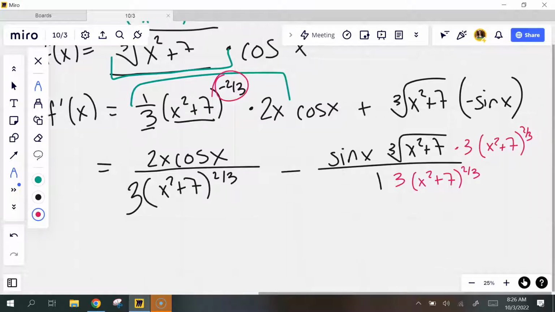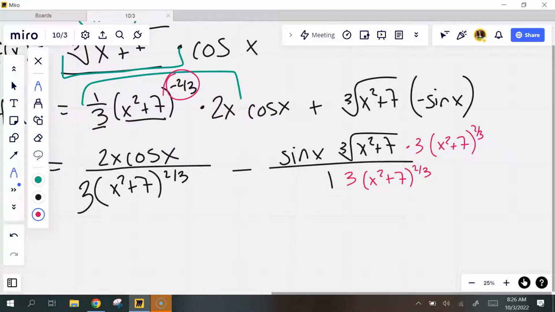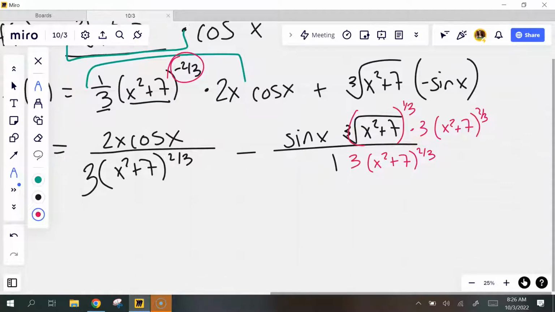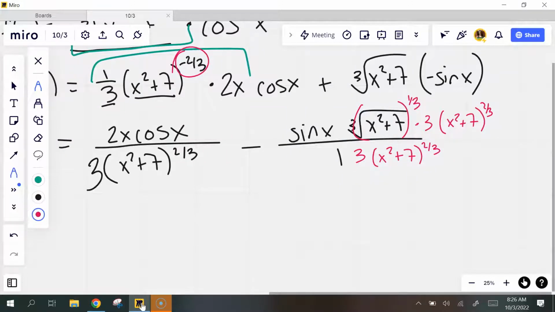Now remember what 2/3 is, right? I'm going to actually change this to 1/3 so you can actually see it happen, because this is where the magic starts happening. All right, so up top, I have 2x cosine x minus sine x times, I've got the same, oh, I forgot that 3 again.